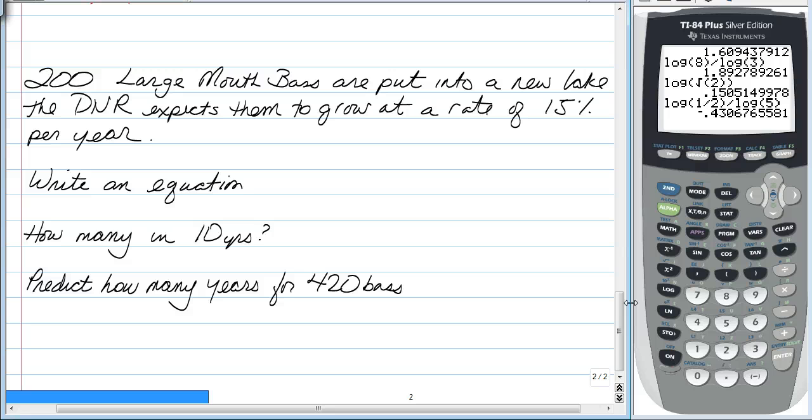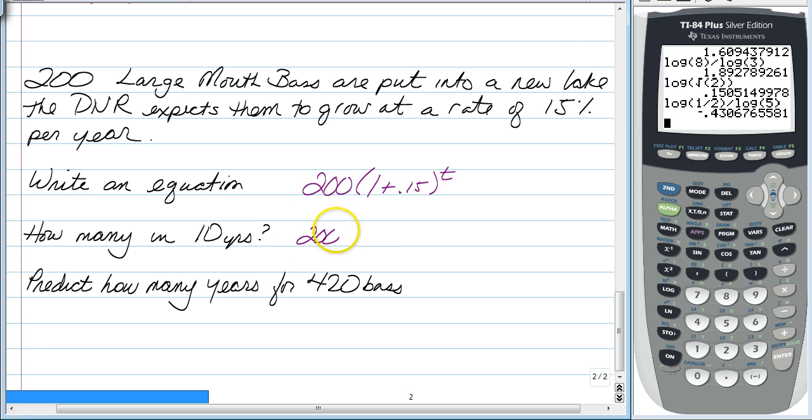We have 2,000 largemouth bass that are put into a new lake, and the DNR expects them to grow at a rate of 15% per year. Write the equation. Sounds good. 200 is our initial amount, times 1 plus our 15% per year, raised to the t. So how many in 10 years?